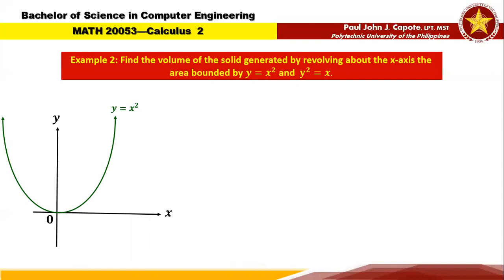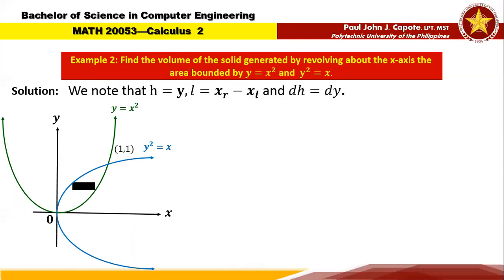It's a parabola opening upward. And the graph of y squared equals x, it's a parabola opening to the right. Notice that the curves intersect at (1,1) and (0,0), or the origin.